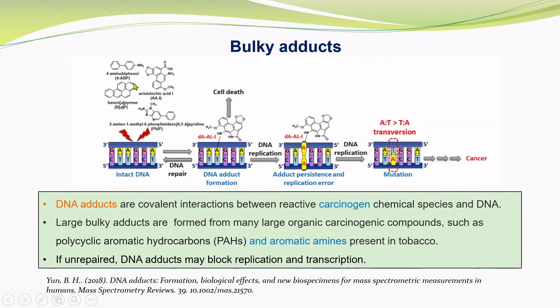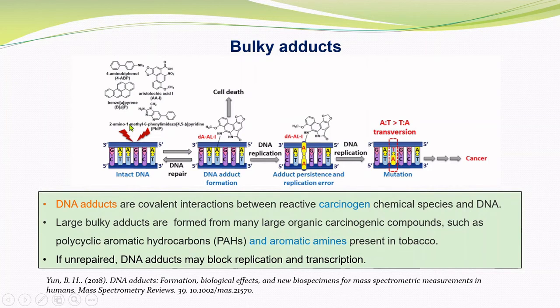For example, polycyclic aromatic hydrocarbons, aristolochic acid, 4-aminobiphenyl. So all these chemicals become covalently linked to the DNA molecule.